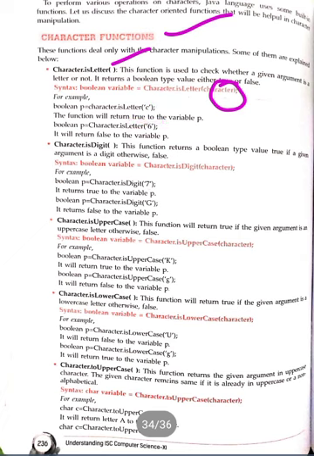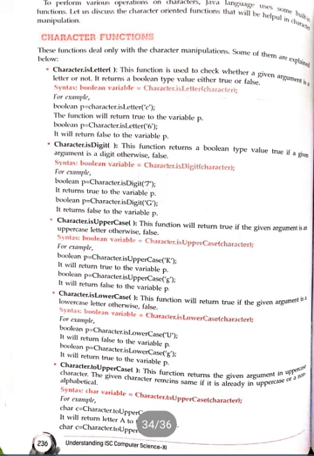If a digit is stored, then it will return false. Character.isDigit: if the given value is a digit, it will return true, else false. Now 7 is a digit, it will return true. G is not a digit, it will return false.